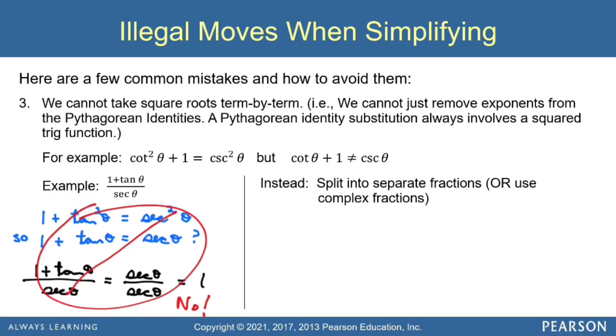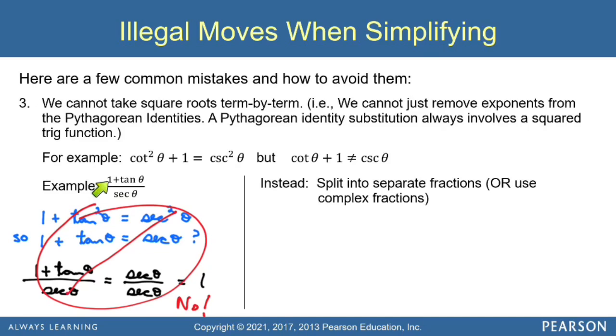You can't just take the exponents off. If you could, we wouldn't even have a Pythagorean theorem at all. Instead, what we want to do here is, again, take advantage of that plus sign in the top to split this into separate fractions.